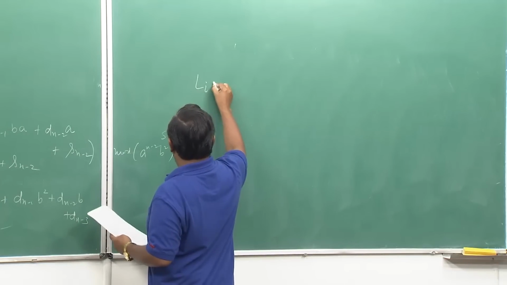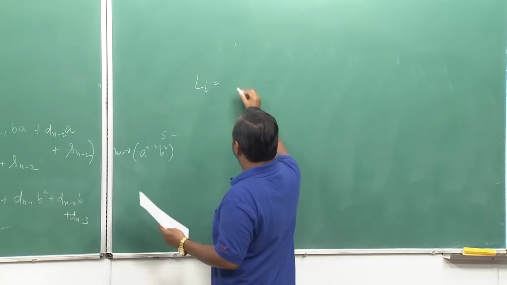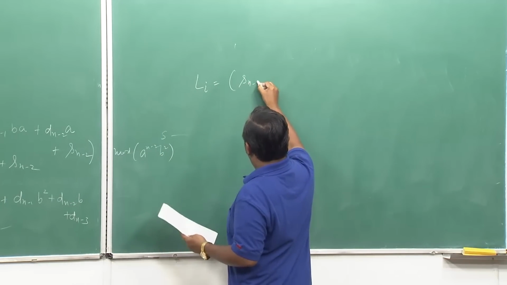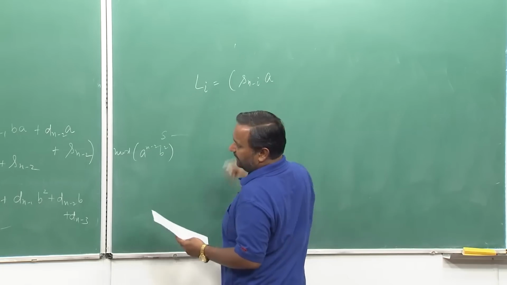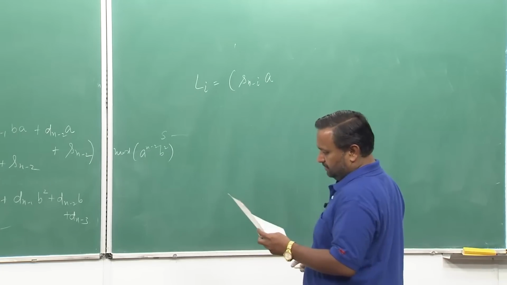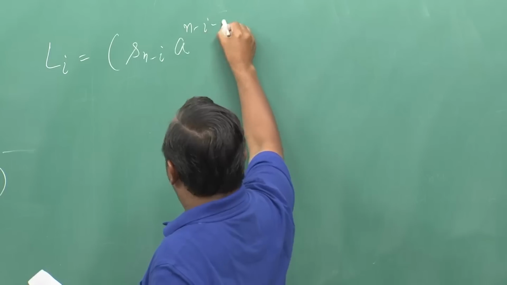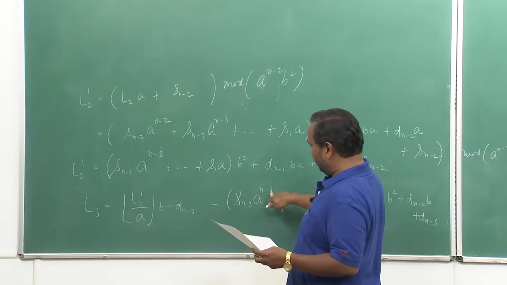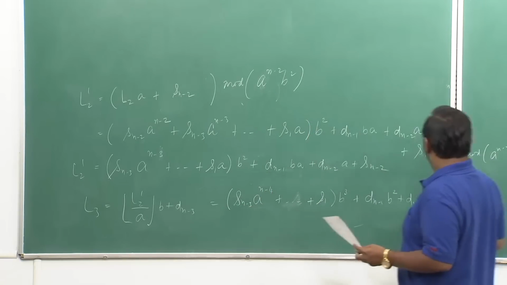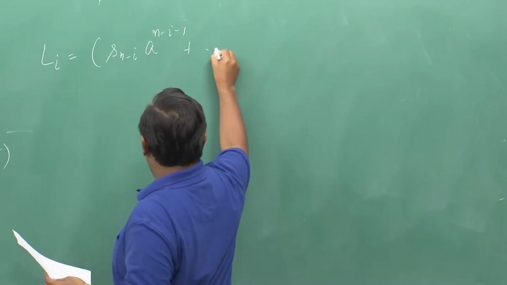So Li will now be given as Sn minus I a raised power n minus I minus 1, you can actually read this from here, n minus I, n minus 3 minus 1. So from there itself you can derive it.